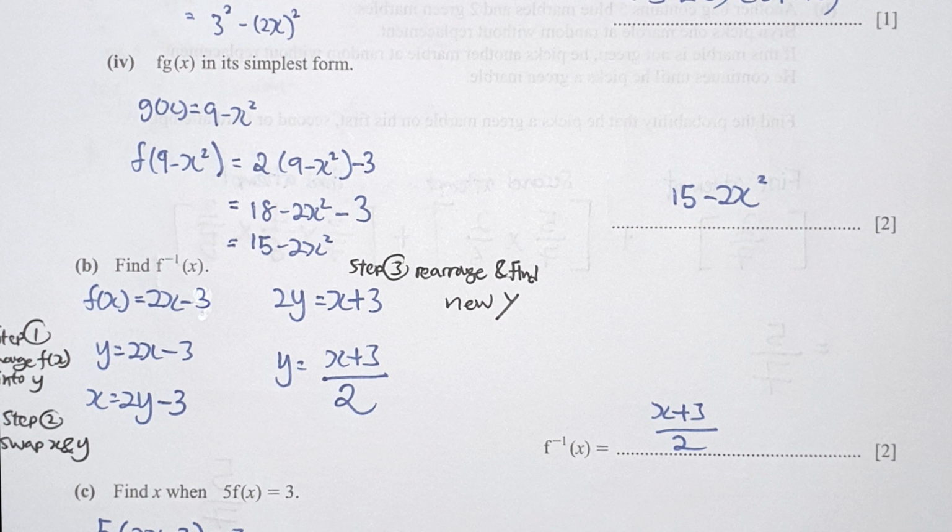As for part 4, function g(x) is 9 minus x squared. So your f function will now be substituted by 9 minus x squared. By running the calculation, you should get 15 minus 2x squared as your final result.